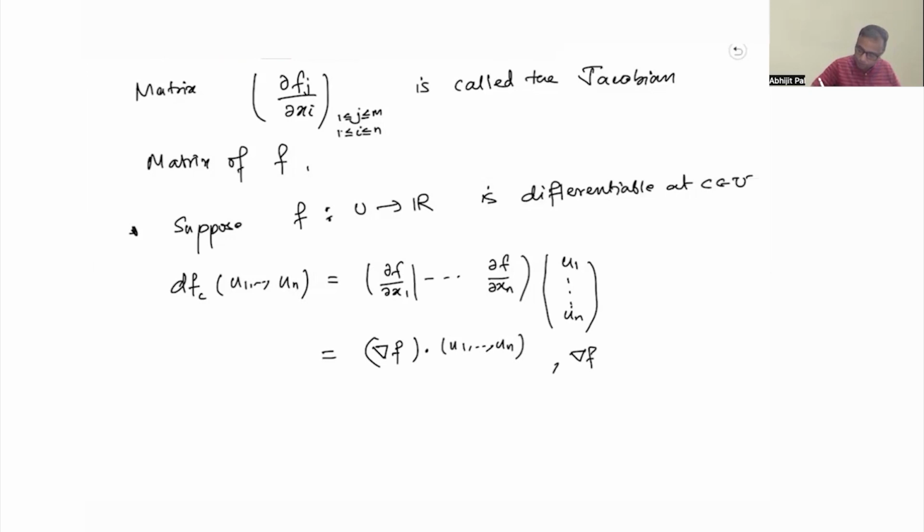All these partial derivatives are evaluated at c. So what is grad of f? This is the vector (del f del x1, ..., del f del xn).